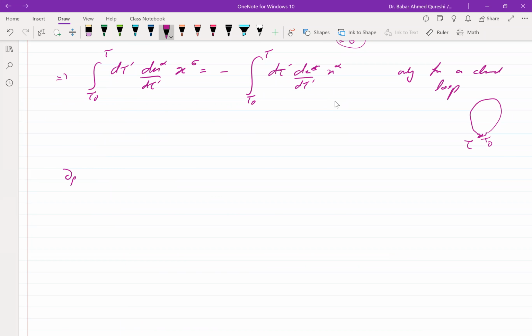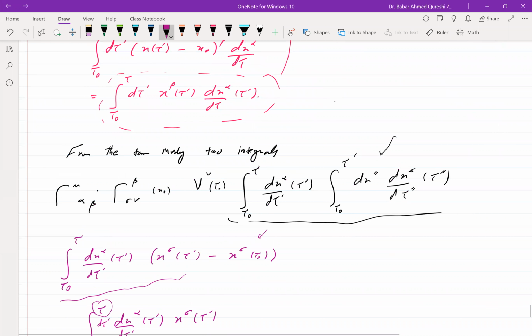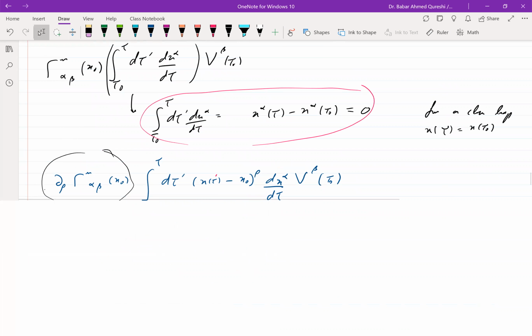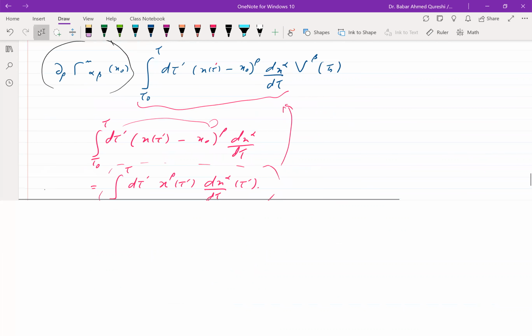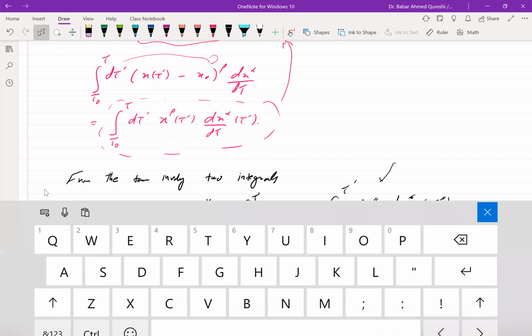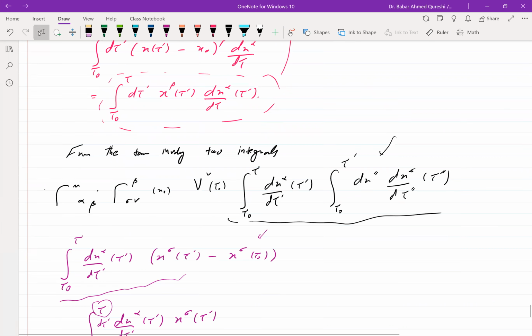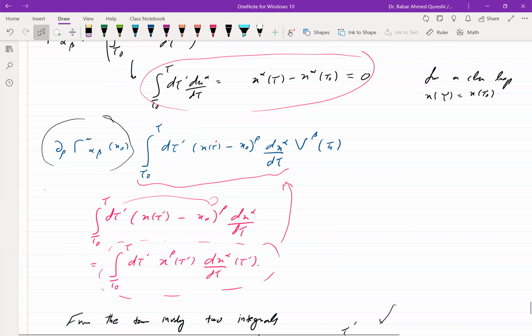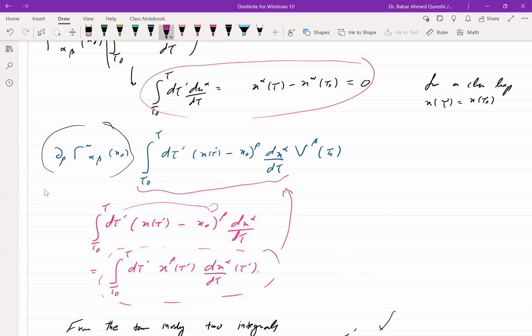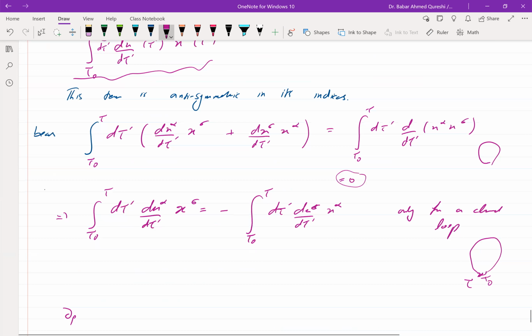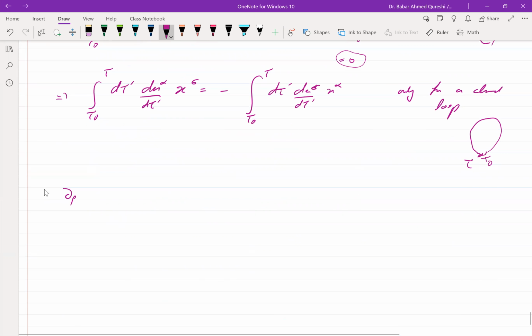D rho gamma mu alpha beta. And it's being multiplied by this integral.